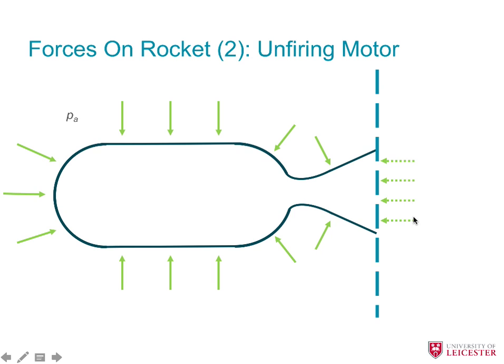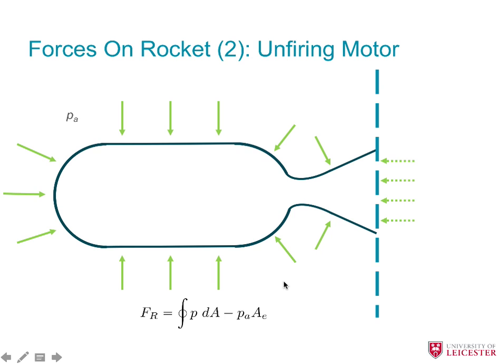And so when the motor is firing, the motor feels a retarding force because these sources of pressure are still present. So we still have a retarding force which is equal in magnitude to the area of the exit plane multiplied by the ambient atmospheric pressure.